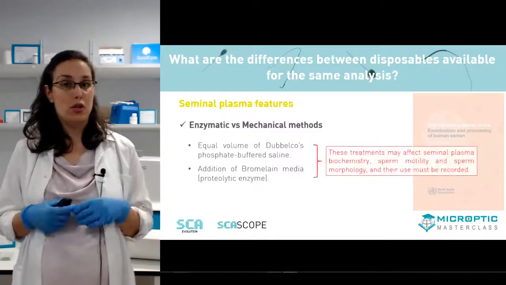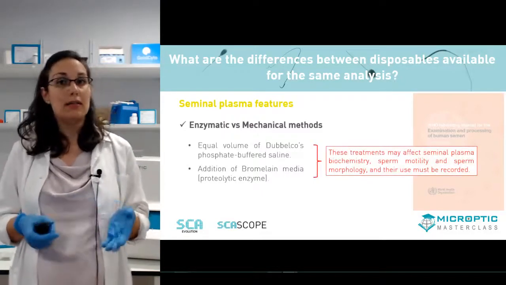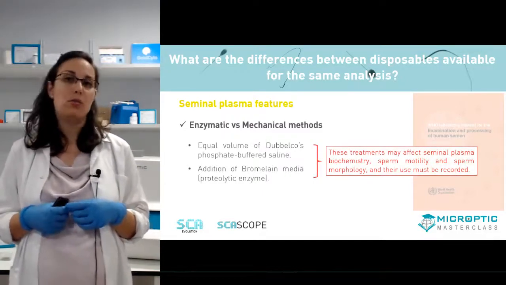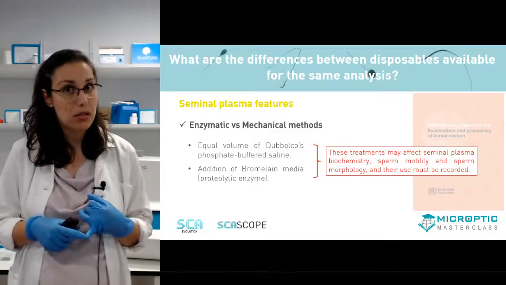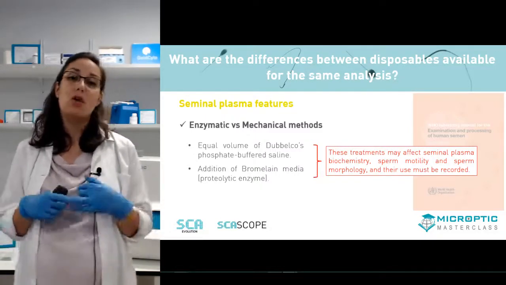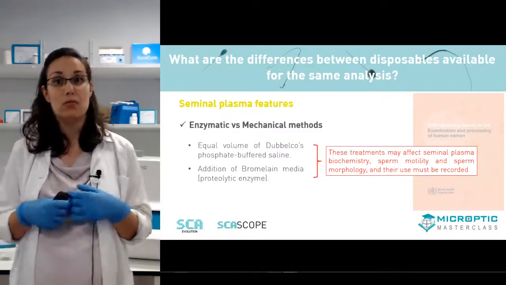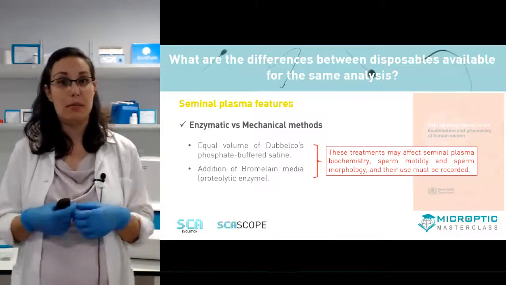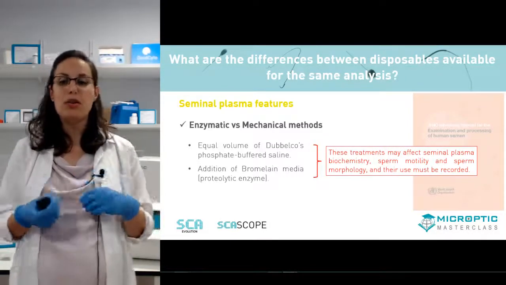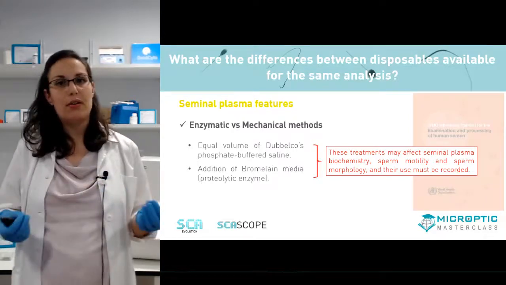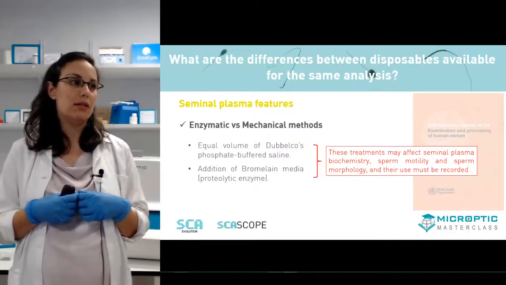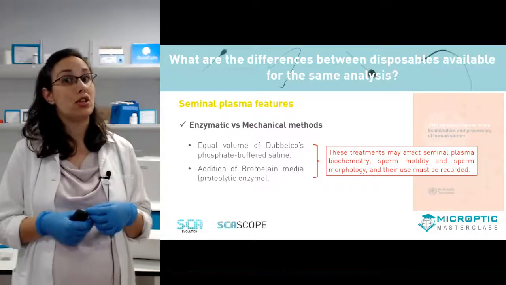According to WHO, enzymatic reagents could be used, like Dulbecco's phosphate buffer, or the addition of bromelain could be incorporated with the semen sample in order to break the coagulum that is present when liquefaction is not complete.